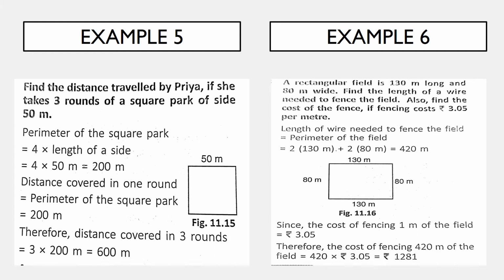On adding you get 420 meter. Now, since the cost of fencing 1 meter is rupees 3.05, the cost of fencing 420 meter of the field will be 420 into rupees 3.05, that is equal to rupees 1281.